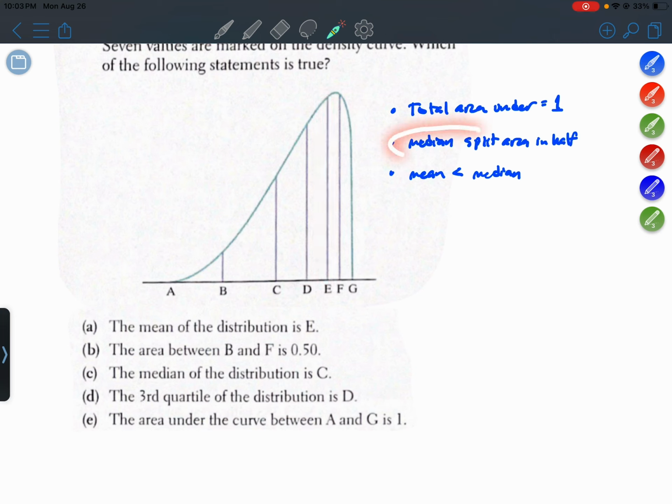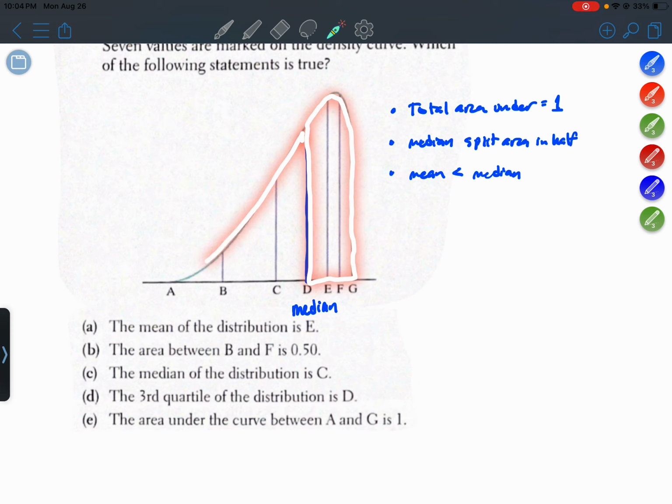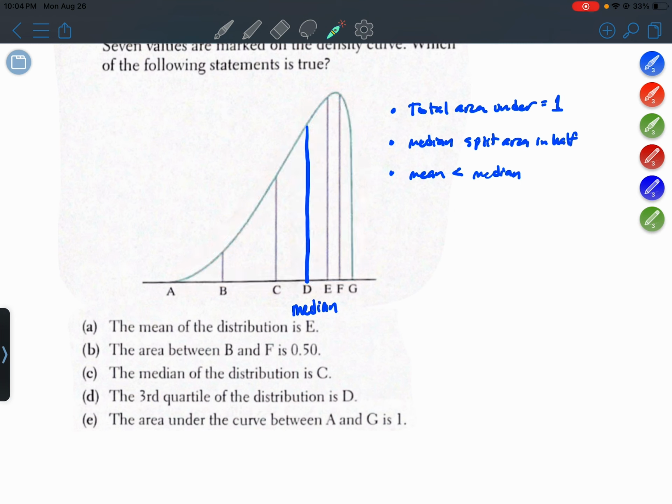If the median splits the area in half, my best guess would be that the median is D. I'm thinking that this is about half the area to the right of the blue line, and about half the area to the left. It's hard to tell because these aren't standard shapes that we're used to, like squares, rectangles, or triangles. I'm just making an estimate.